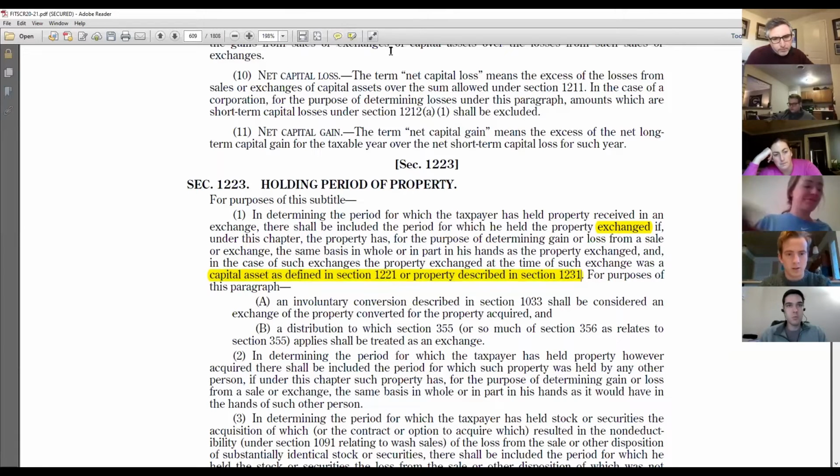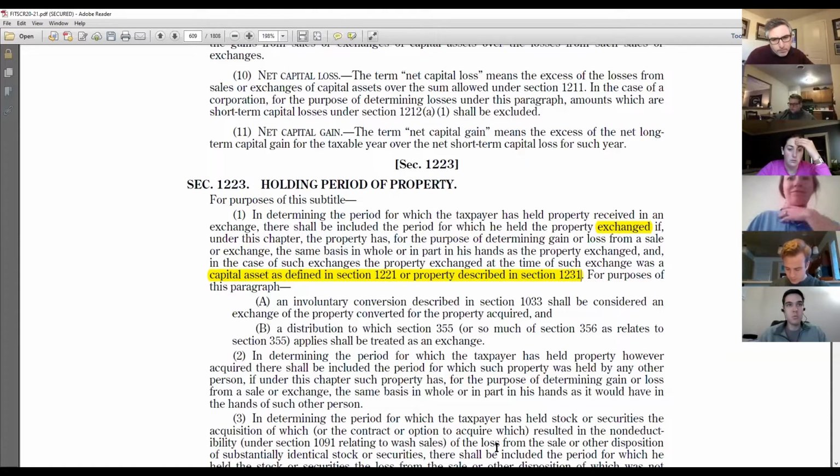So partner contributes cash or an ordinary asset that would be neither 1221. 1221, you recall, is a capital asset, generally property held for investment, and 1231 property is property used in trade or business.